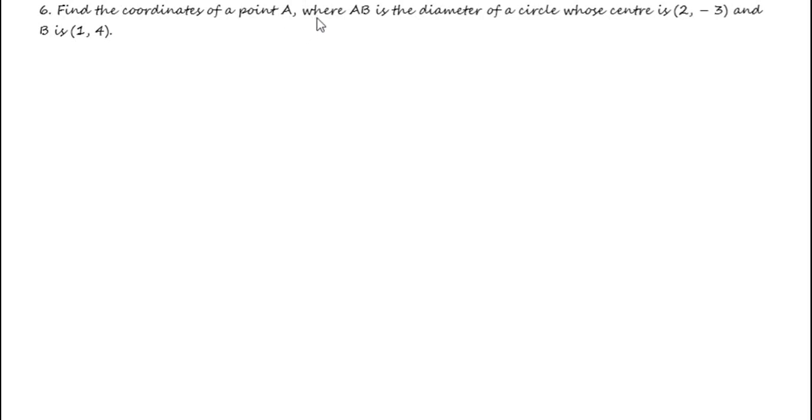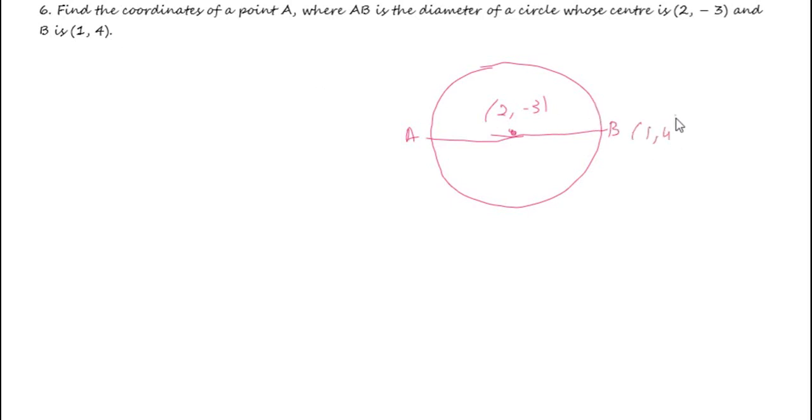Find the coordinates of point A where AB is the diameter of a circle. Let us draw a circle first. AB is the diameter of the circle. Sorry, this is the midpoint. This is A, this is B, whose center is (2, -3), and B is (1, 4).